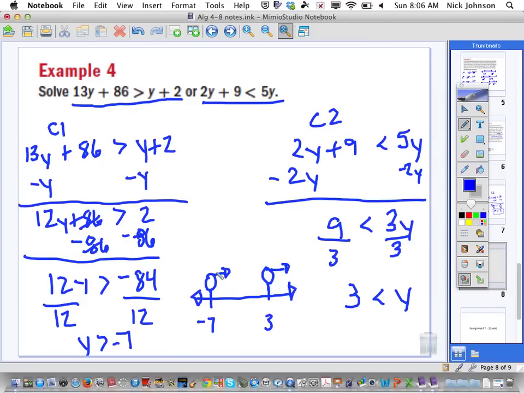So theoretically, since both of these are headed to the right, I only need one inequality to solve this, and that is y is greater than negative 7. And why do I only need that? Well, y is greater than negative 7 also includes your greater than 3. So therefore, you only need that one solution, okay?